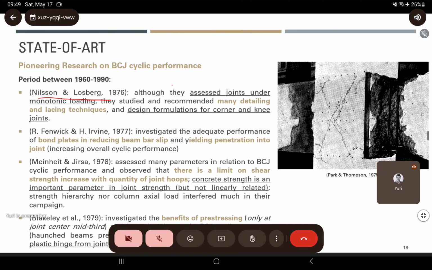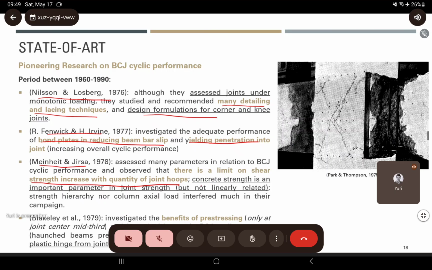Nilsson and Losberg tested many joints under monotonic conditions, and they observed many detailing and lapping techniques, and they helped develop many of the design formulations of corner joints, which is really important until today. Fenwick and Irvine investigated bond plates to reduce bar slip and yield penetration. Meinheit and Jirsa also evaluated beam-column joints to check limits on strength increase with the quantity of hoops.